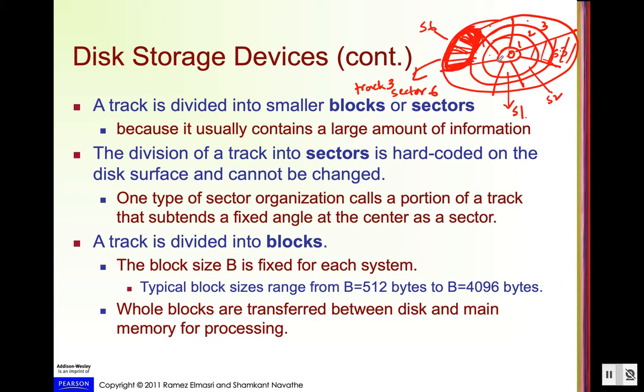Or let's say this area, that means this is track 2, sorry, track 1, it should be track 0, so that should be track 1, and sector 1, 2, 3, 4, 5, 6, 7, sector 7.